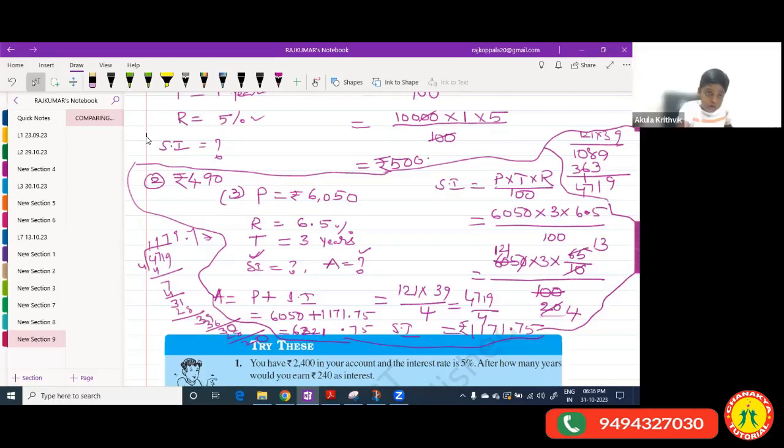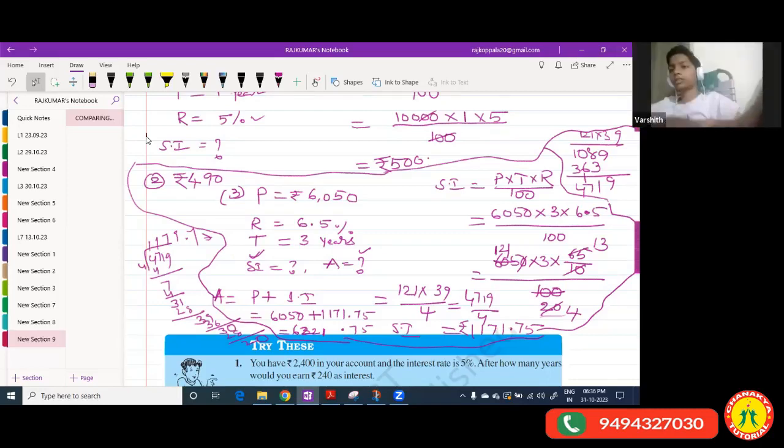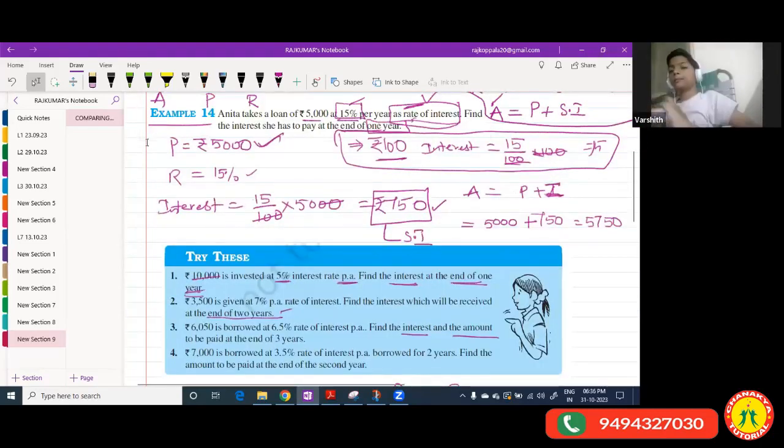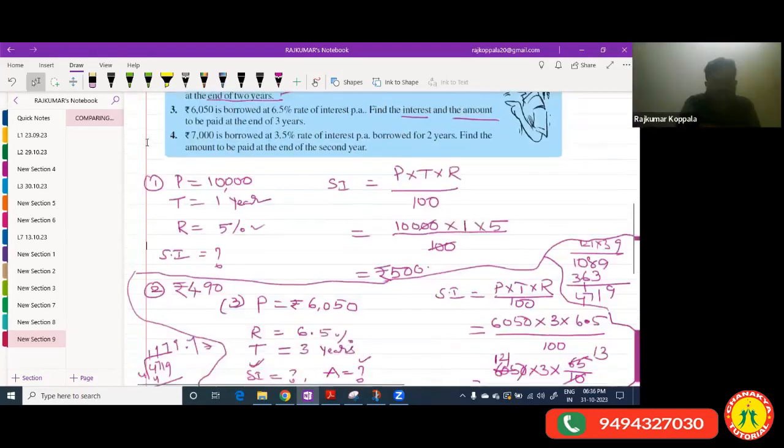So it's done. Worksheet done. Yes, okay. Now fourth one, right? Now solve the fourth question. These questions are somewhat calculation part, some difficult. Same question only now. Fourth one, principal amount is given, rate of interest is given, and borrowed for 2 years.